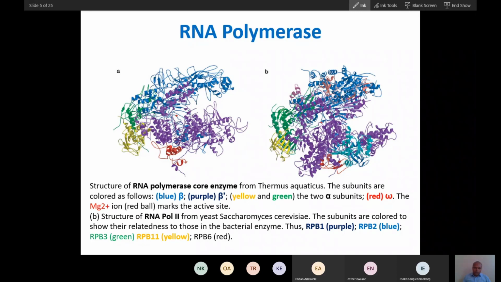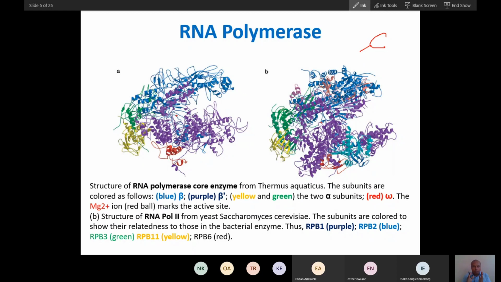Beta prime and beta will form the main enzymatic part, while in eukaryotic, B1 and B2 for polymerase 2, A1 and A2 for polymerase 1, and C1 and C2 for polymerase 3 will form this part. So these are the basic differences between RNA polymerases in bacteria and in eukaryote.